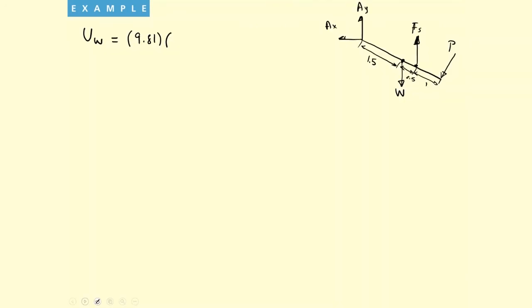So it's going to be the weight, 9.81, the gravity, times the mass, which is 10. The mass is given as 10, so this is mg. This gives me the weight, multiplied by the displacement, which is 1.5. And this will give me the work done, which equals 147.2 joules. So this is the work done by the weight.